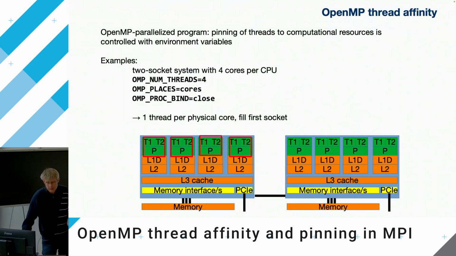Let's take a look at an example. In this small example, we have a system with 2 sockets, and each socket has 4 cores. And in this case, 2 threads can run on 1 core. And we set the number of threads environment variable to 4. Therefore, 4 worker threads are created for the OpenMP calculations.